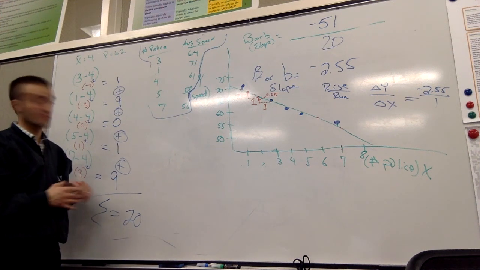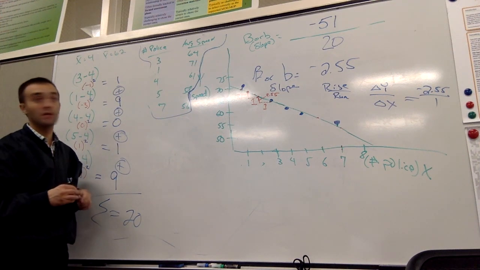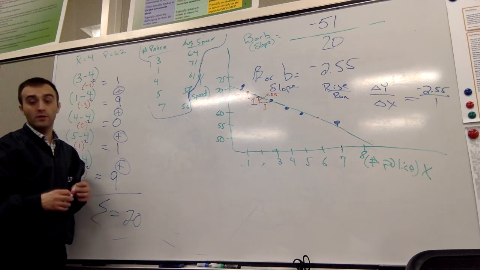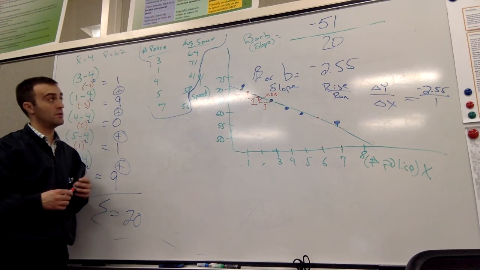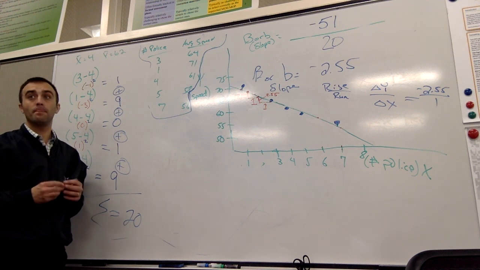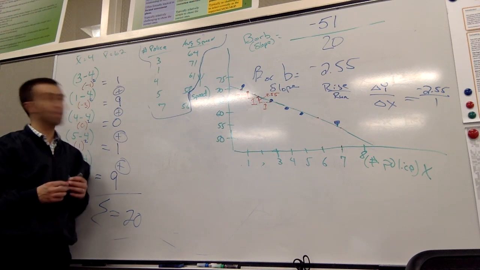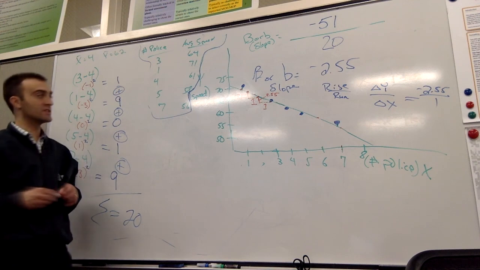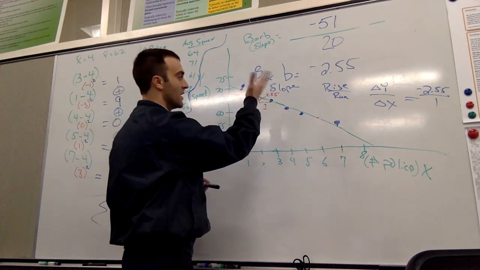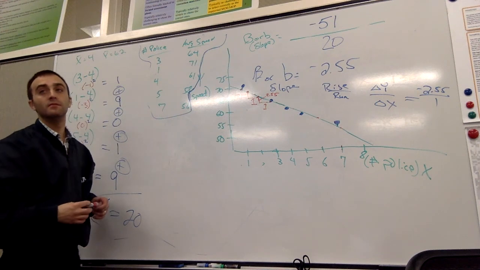So we found the slope of this straight line. Questions about the slope? I was just thinking, is that the same as the standard deviation? No, it's just the angle of the line, how steep it is.